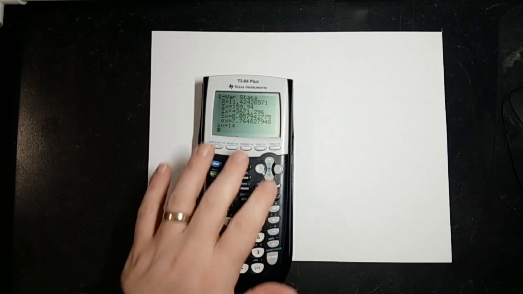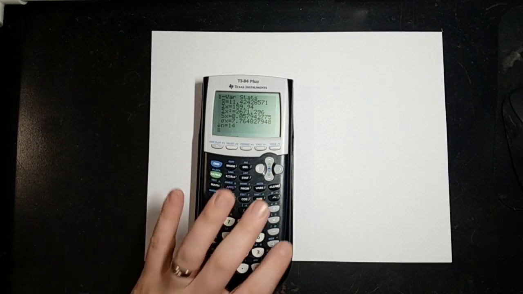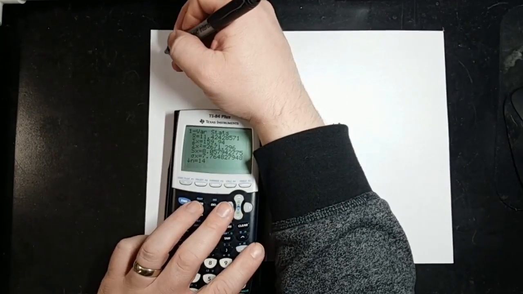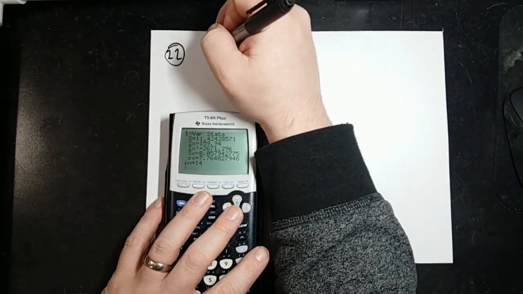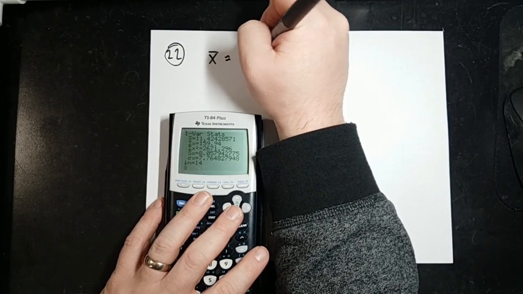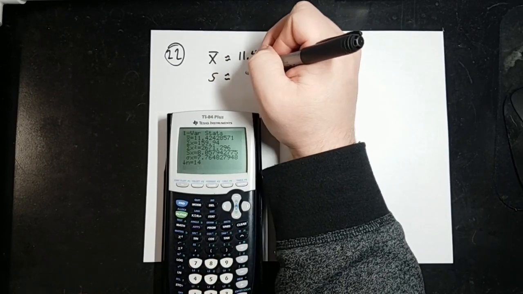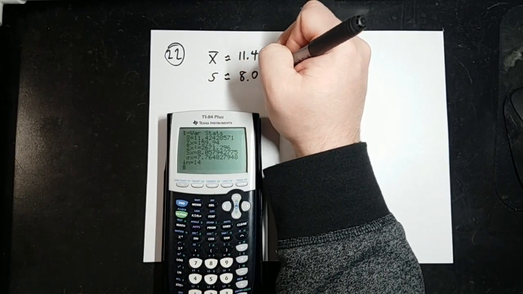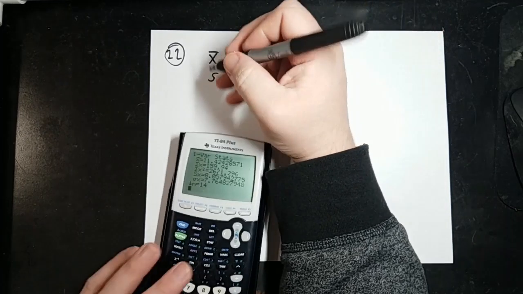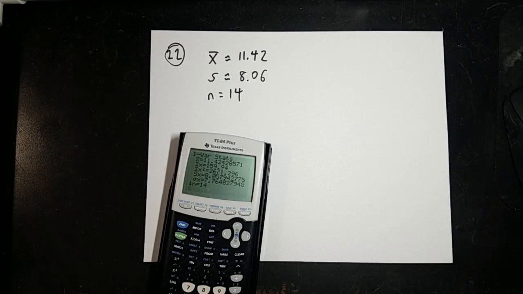What's nice is that with the graphing calculator, you can actually run the t-test from the list itself, but I'll show you that in a little bit. This is number 22. I got an x-bar of approximately 11.42. I have a sample standard deviation of approximately 8.06. Sample size of 14. That looks about right.